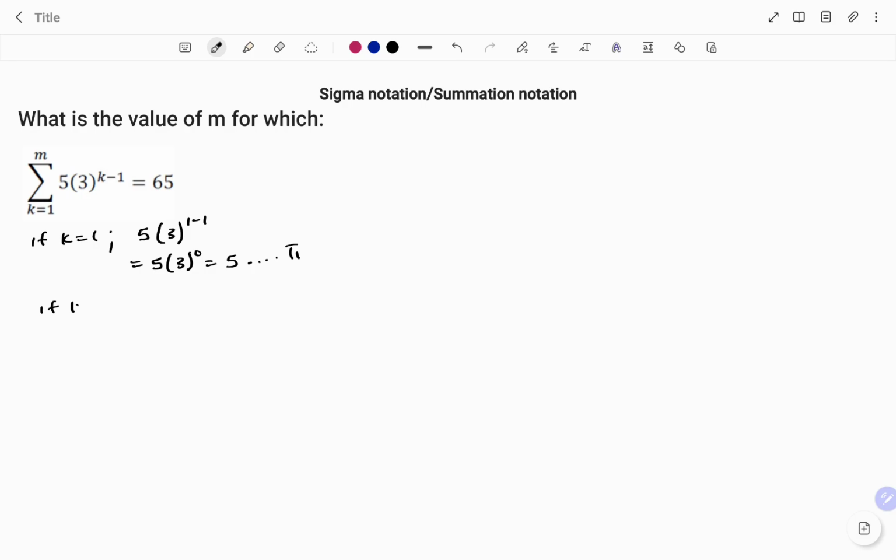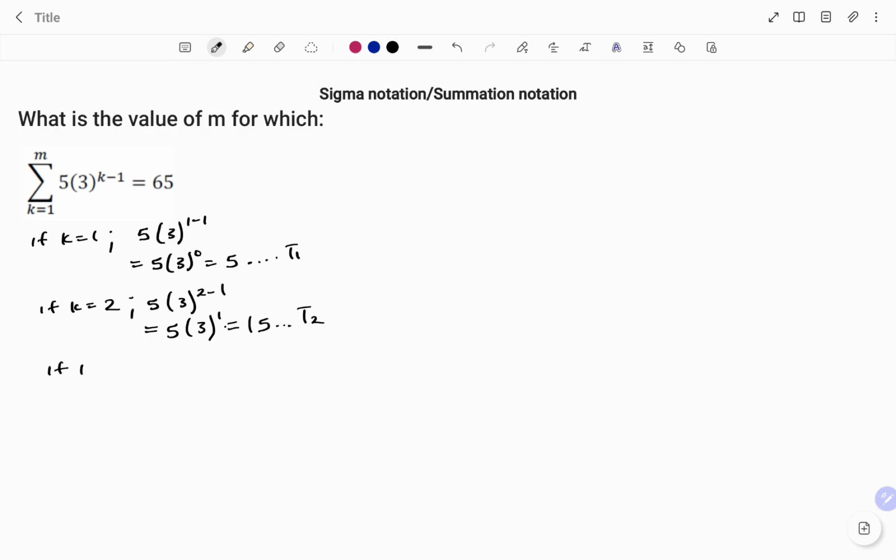And that will give my first term. If k equals 2, I have 5 times 3 to the power of k minus 1, that's 2 minus 1. That will be 5 times 3 to the power of 1, and that will give us 5 times 3, 15. That will be my second term.